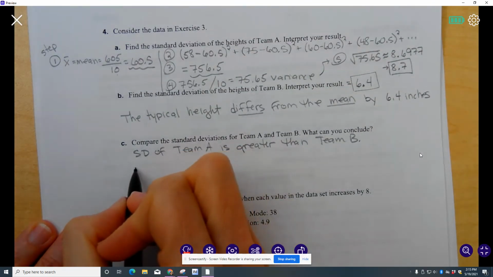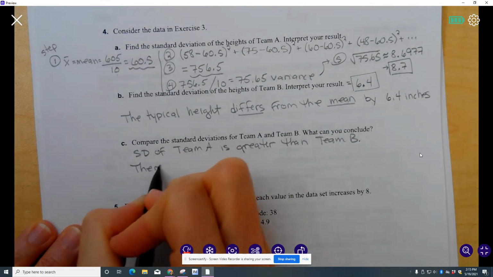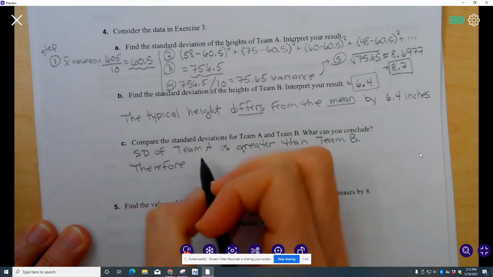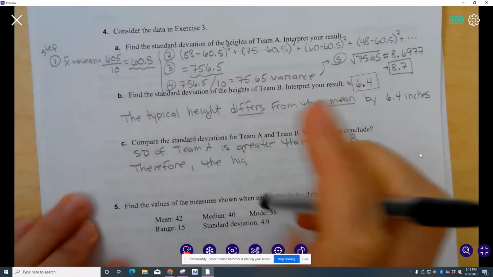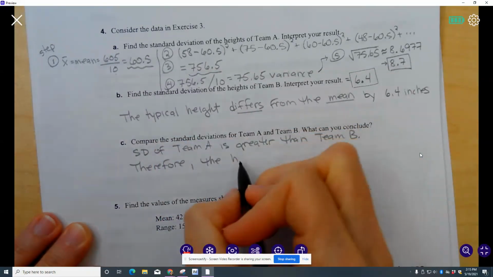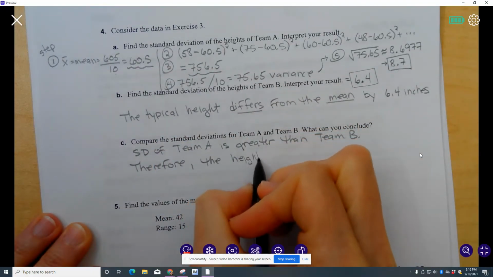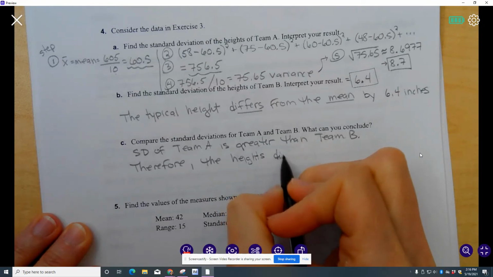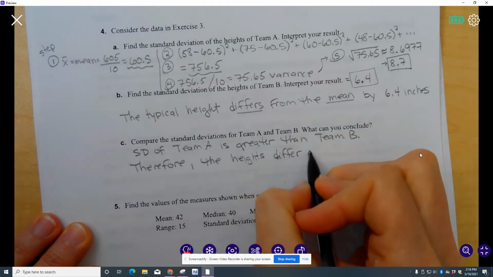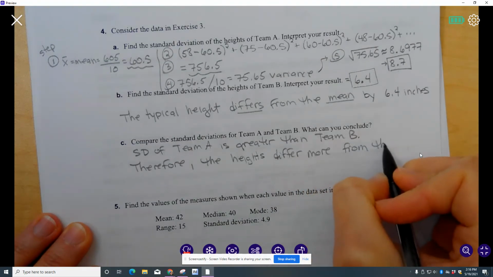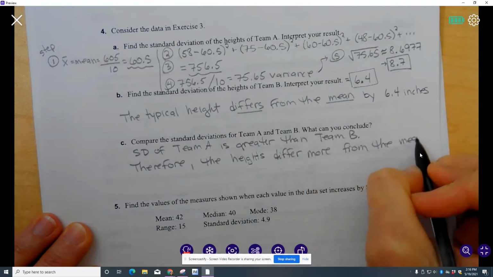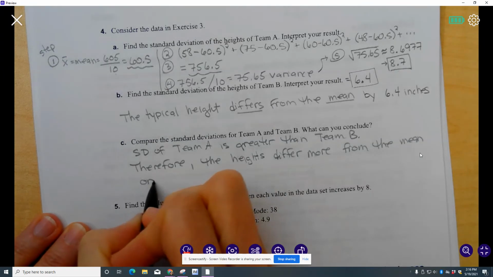Let's say, therefore, the heights, because remember, that's what we're talking about, heights differ more from the mean on team A.